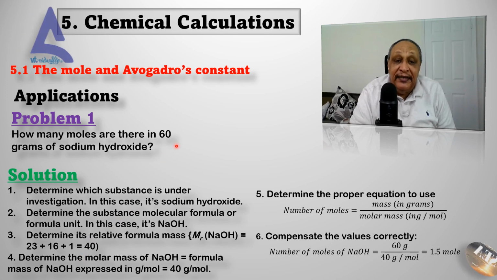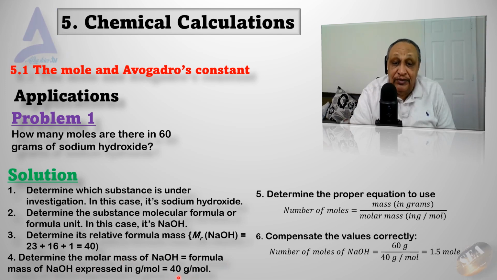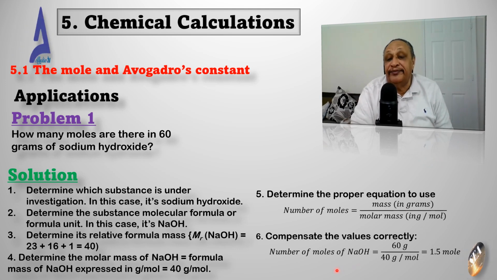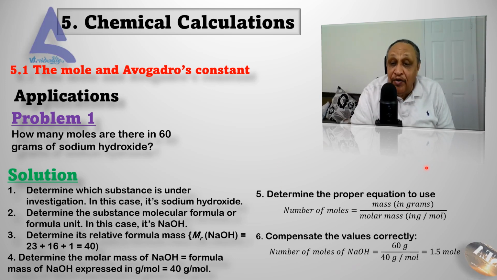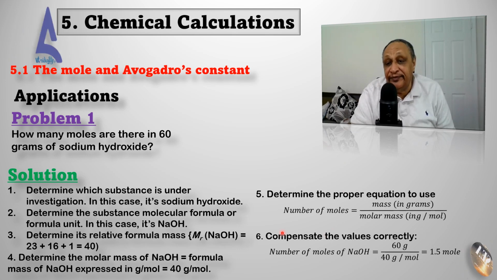So I have 60 gram, which is the mass of the sodium hydroxide, and I have the molar mass of the sodium hydroxide, which is 40 gram per mole. So I just compensate here, 60 over 40 equals 1.5. So the number is 1.5 moles of sodium hydroxide.